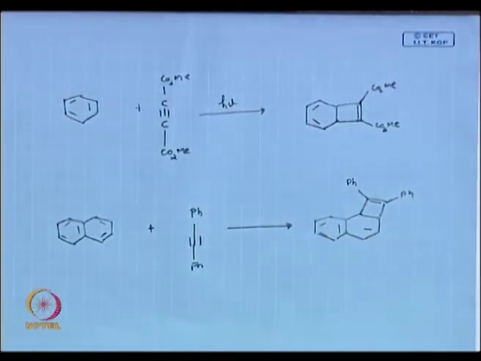Most of the time this 2 plus 2 works when you take this aromatic system. 4 plus 2 works only for anthracene type of systems, but other systems except anthracene all go by 2 plus 2 cycloaddition.